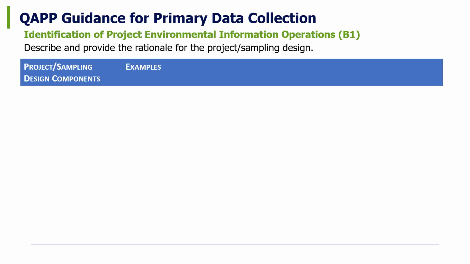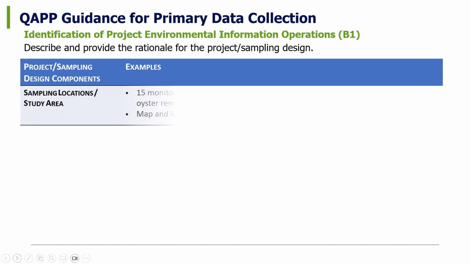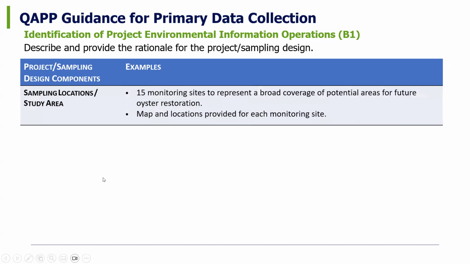There are a few key components that should be included that we'll walk through. The first is laying out your sampling locations and your study area. In this example, there were going to be 15 monitoring sites that represent a broad range of conditions. They also provided a map with locations for each of their monitoring sites.